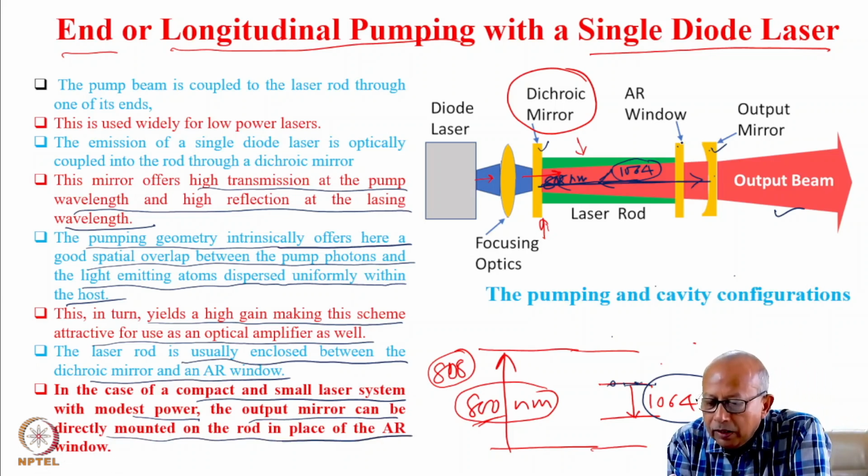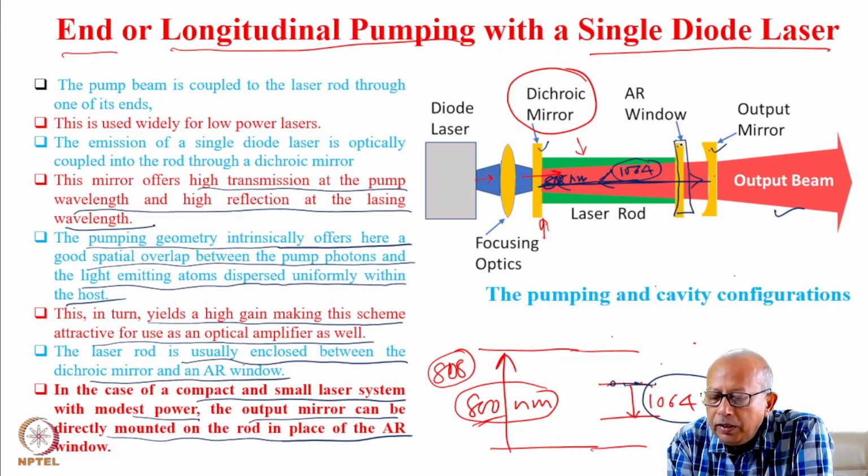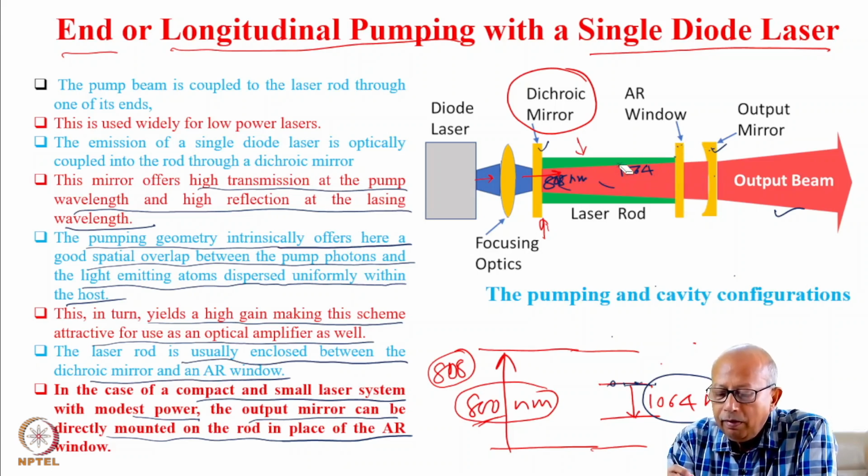So you can actually mount the output mirror directly here for a small and compact laser system, and then there won't be any need of any air window. This is directly mounted here. But not for a very compact laser, probably this would be a better option.